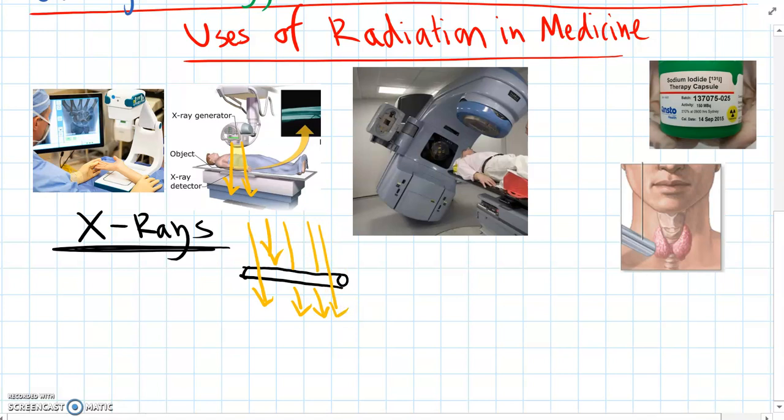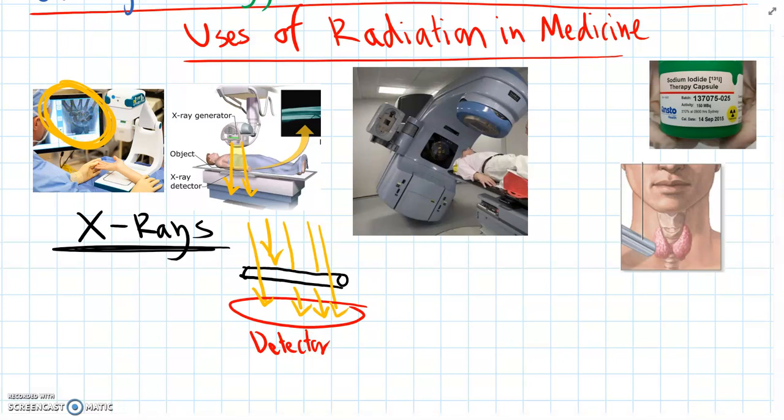So eventually we see a picture where the bones are a really dark colour because there's no X-rays there, but the other X-rays are picked up by a detector underneath, and they show up on the picture to make the lighter areas.